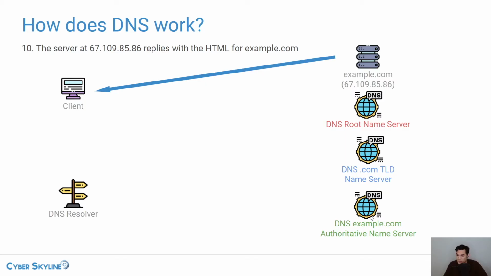It typically doesn't use its own IP address as the record for the domain itself. Typically, the generic example.com is going to point to a website, and the website is going to be run on a different server than the example.com authoritative name server.